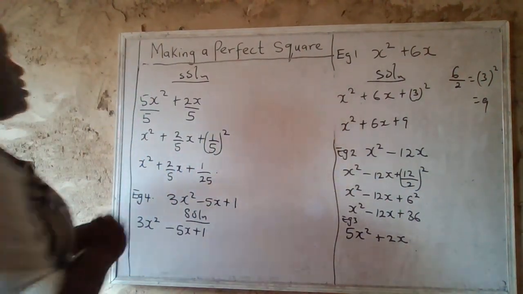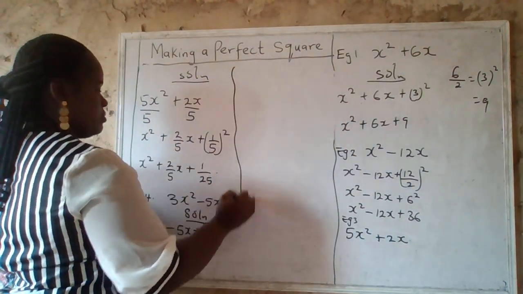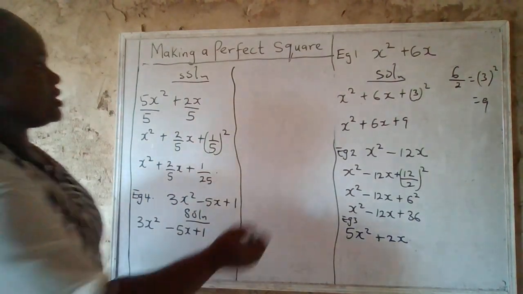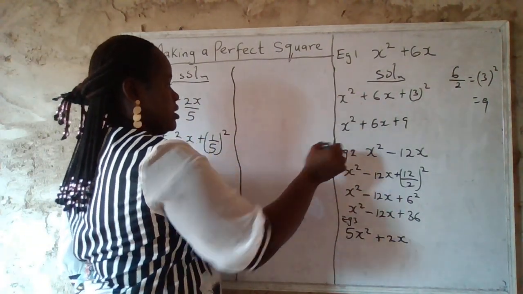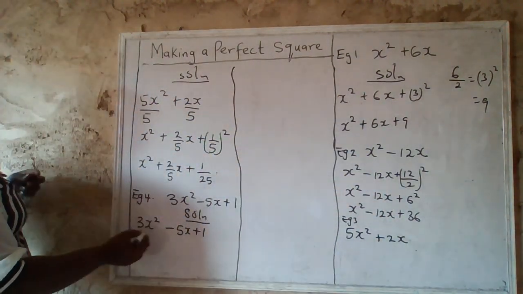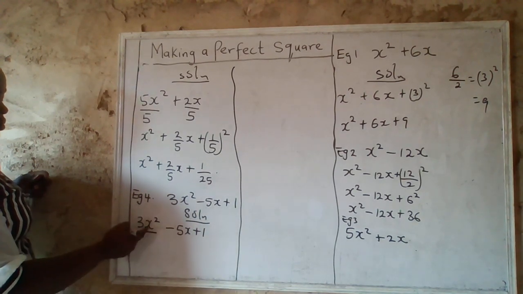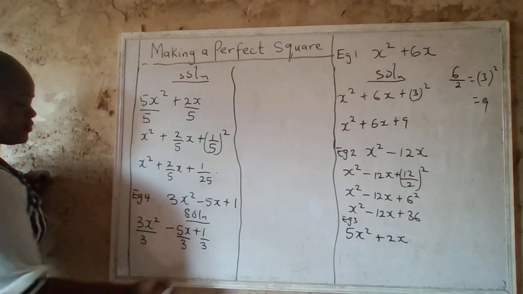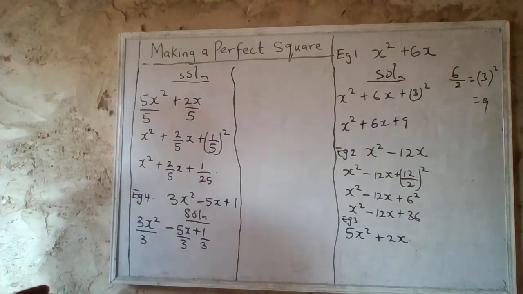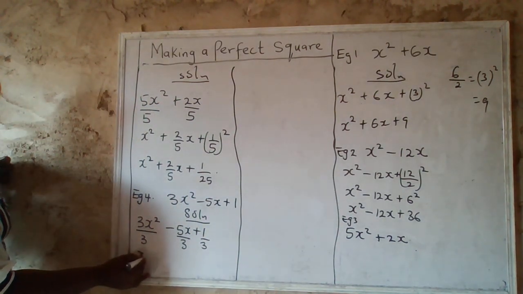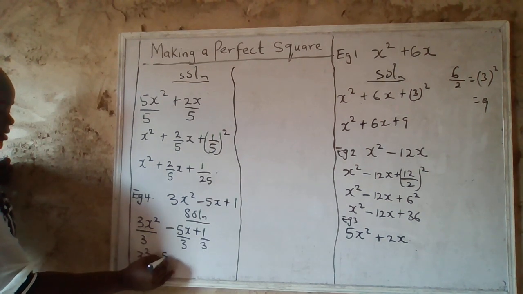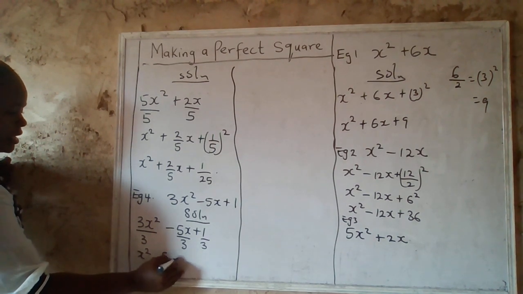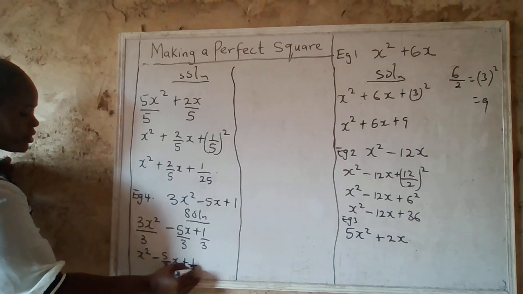I will be solving this here because of space. Okay, so dividing through by the coefficient of x squared, I will divide everything here by the coefficient of x squared, which is 3. And that will lead me to having x squared minus 5 over 3x plus 1 over 3.